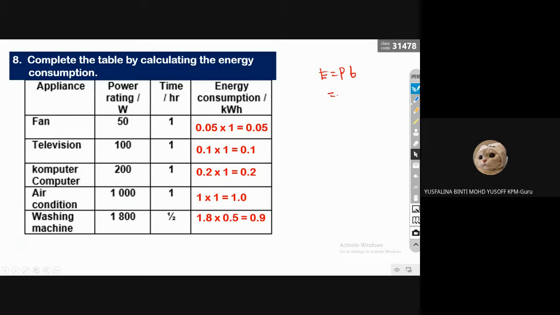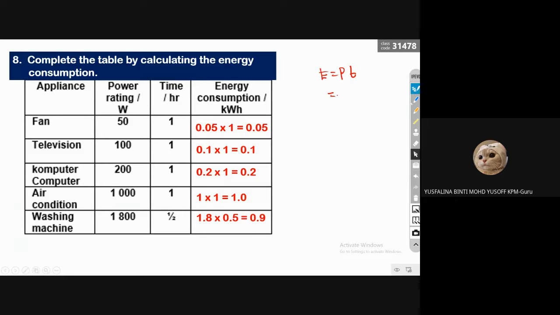But if they give you the electrical bill and ask how much energy, how much is your bill for that month, then you need to change, because in Malaysia we use kilowatt per hour. If you change it to watt per second, of course the amount is too big, right? So we change it to kilowatt per hour.